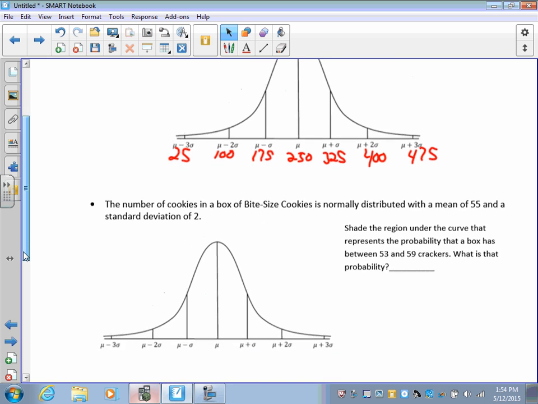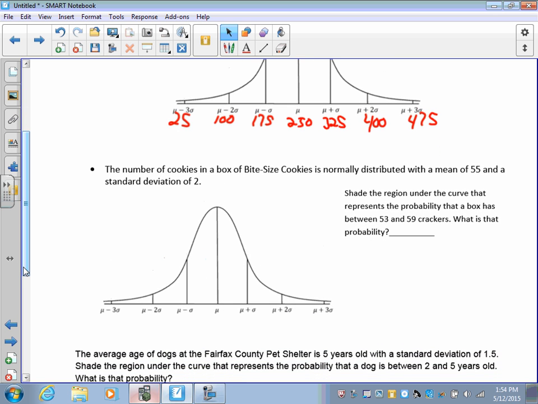Now for question 2, it says the number of cookies in a box of bite-sized cookies is normally distributed with a mean of 55 and a standard deviation of 2.